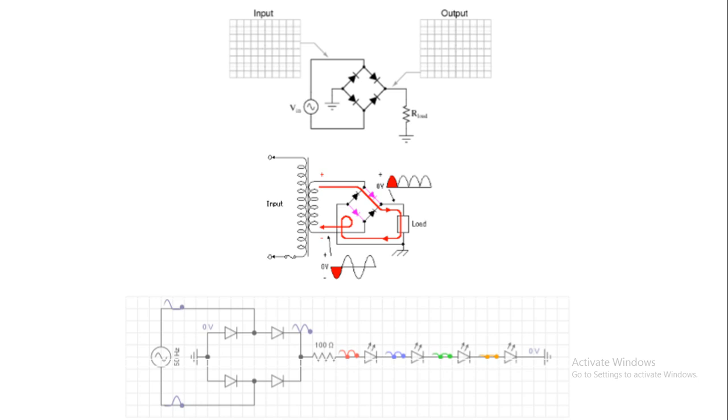And here is another connection. We have the V input, which is alternating current. We have the bridge, and the load is connected to the earth, or R load. We have also the transformer here, and this is a step down transformer, like the charger of the mobile or the computer or any system working with DC voltage.